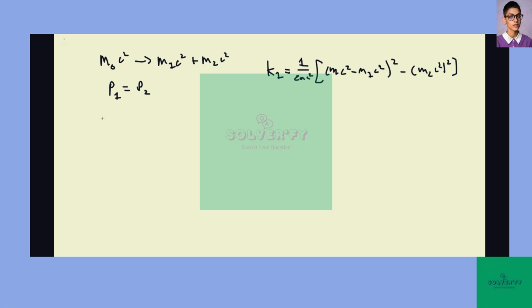Now, from the relativistic energy equation, E squared is equal to (PC) squared plus M squared C to the fourth. I'm going to write this on the other side to give myself some more room.